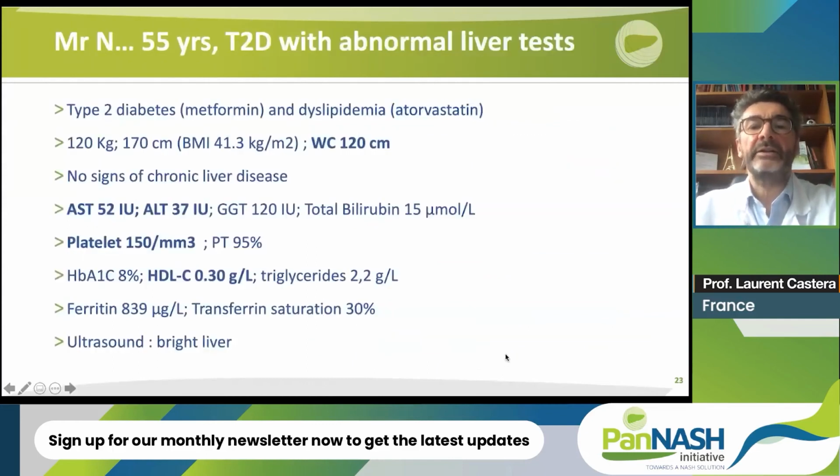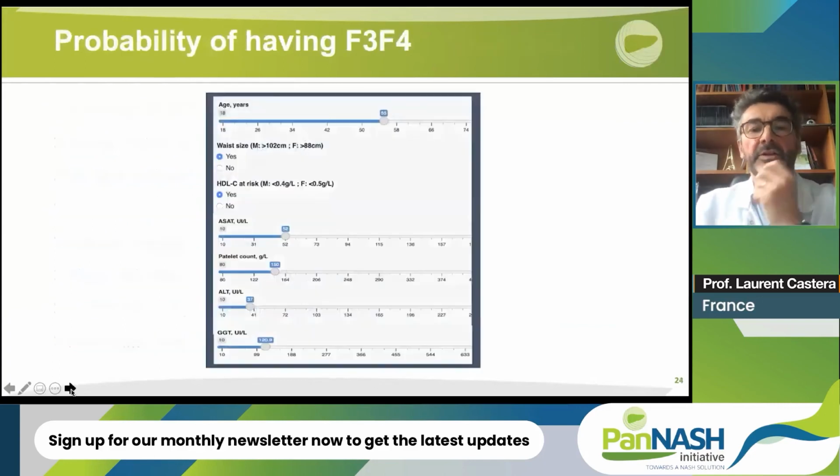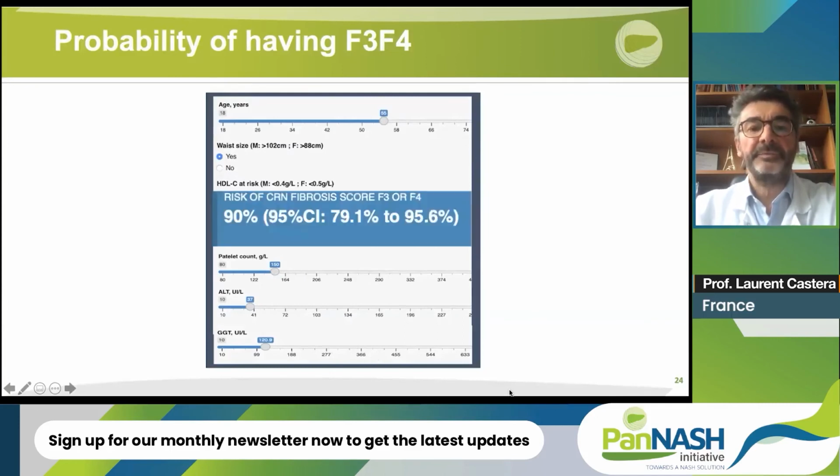Now, if we go back to our patient, waist circumference was 100 centimeters. You can see transaminase, platelet count, HDL cholesterol. So you can go online with the score, and then you enter the age and the different other parameters, as I mentioned, for our patient. And you can see that in this patient, the risk for having advanced fibrosis was 90%.